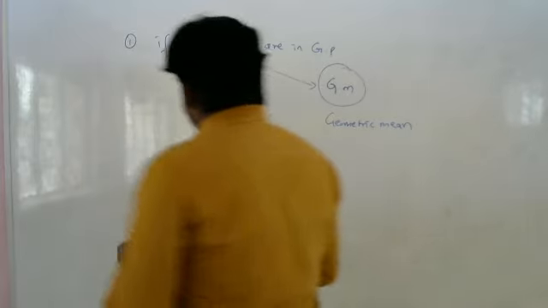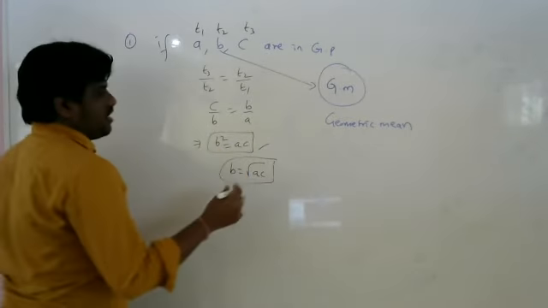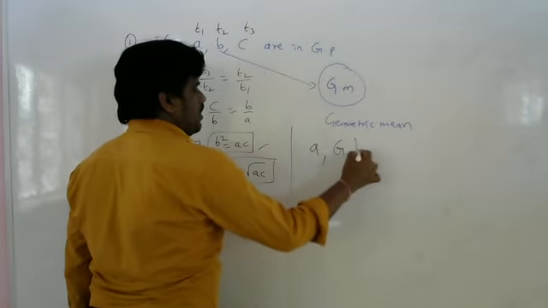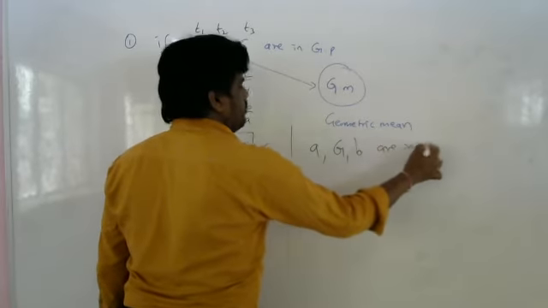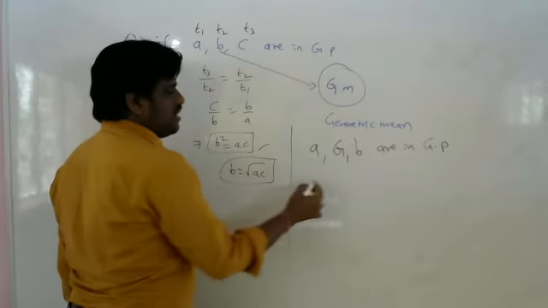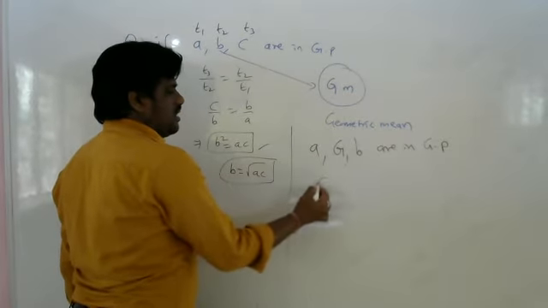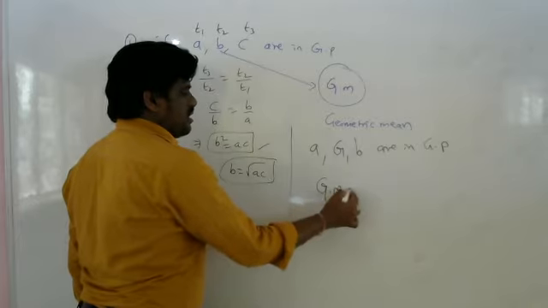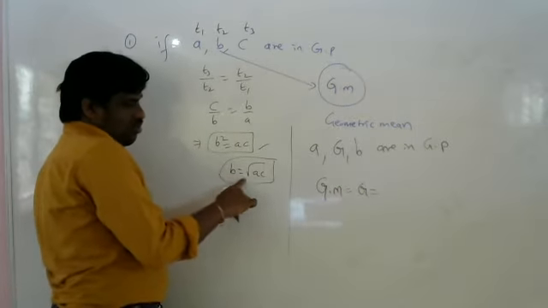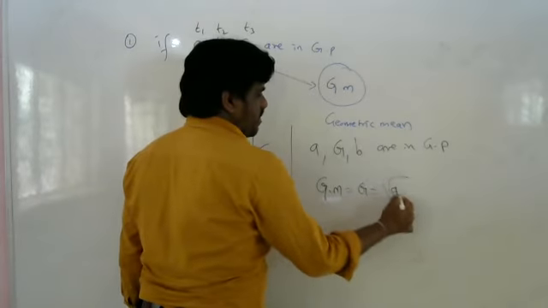GM of any two numbers. Here you have the condition A, G, B are in GP. Then we can say G is called GM. GM is equal to G is equal to root AB.